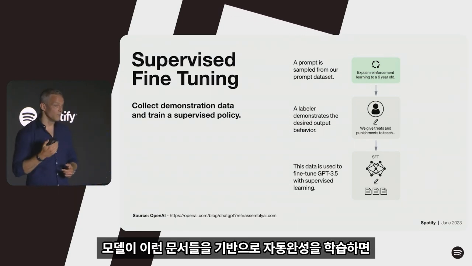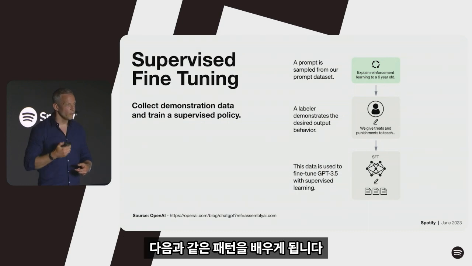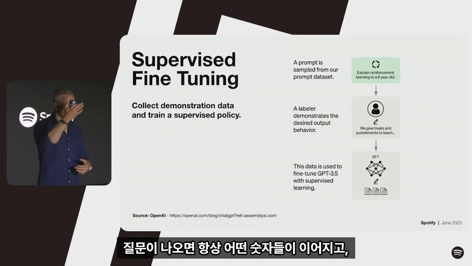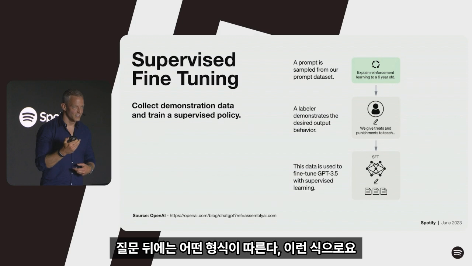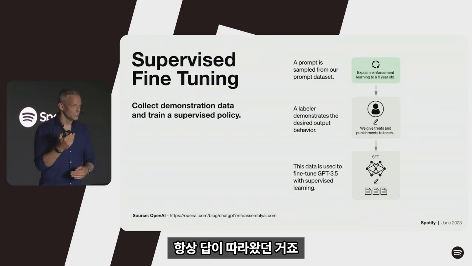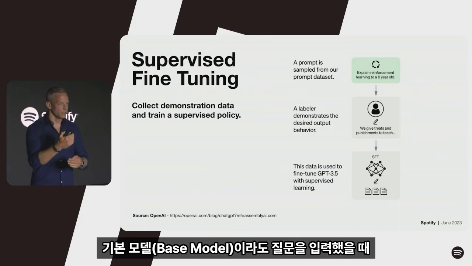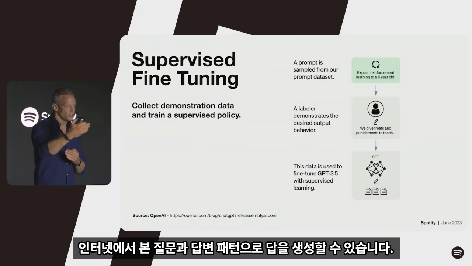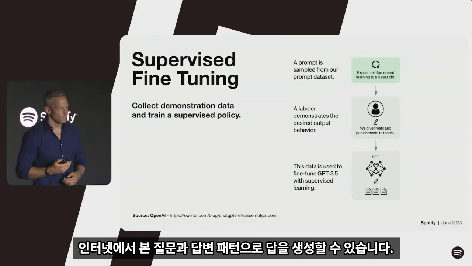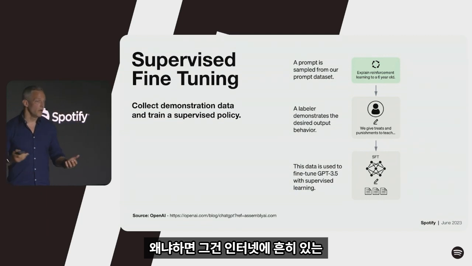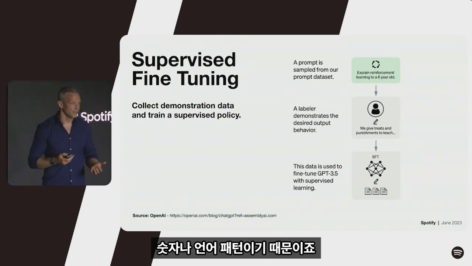If you train the model on autocompleting that, it will learn the pattern that every time I saw a question, those types of numbers, question-y type of numbers, there was always an answer. So if you're lucky, even with the base model, if you pose a question to it, and it has seen a lot of question answering dialogues on the internet, it may actually give you an answer just because it's a pretty common numerical or language pattern on the internet.